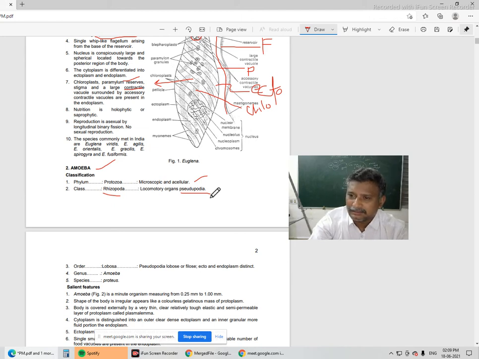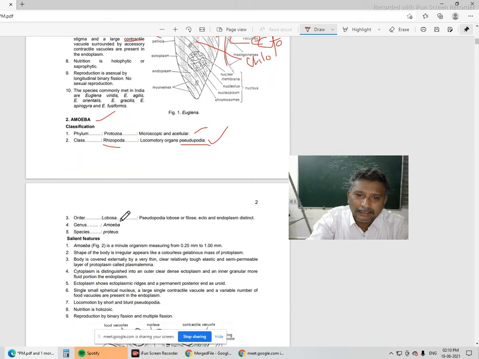When we see pseudopodia present in any kind of organism, we can simply decide that the organism may belong to the class Rhizopoda, because in Rhizopoda all organisms have pseudopodia. So once we see pseudopodia in any microscopic organism, it may belong to the class Rhizopoda. Now the order Lobosa: the pseudopodia may be blunt ended in nature. Endoplasm and ectoplasm are both distinct.